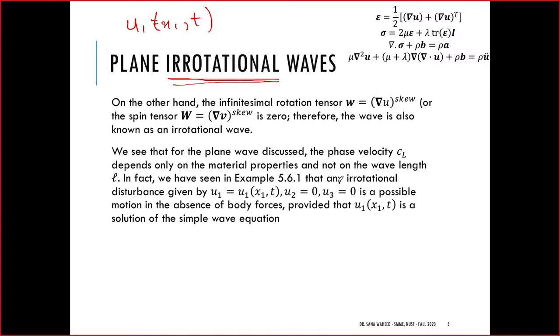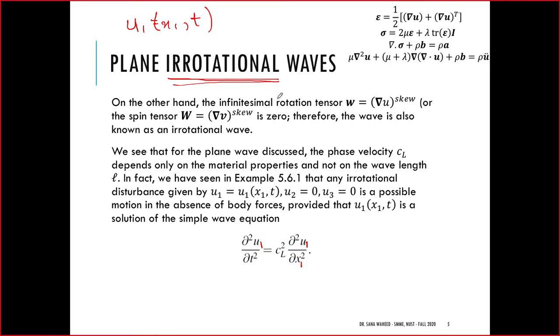And yes, we had also discussed this before, that any displacement field that satisfies this equation, this should be the u1 component with respect to the x1 component, will actually be an irrotational wave.